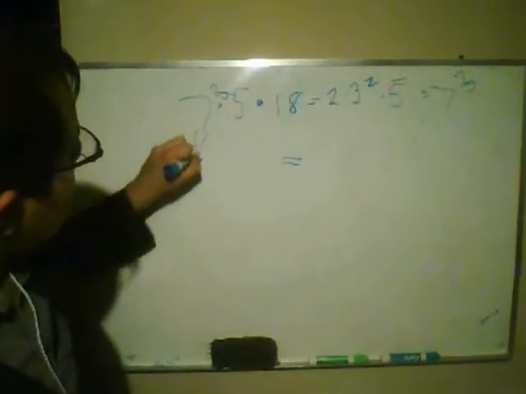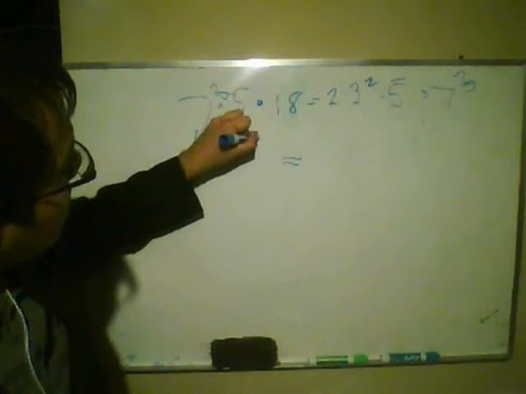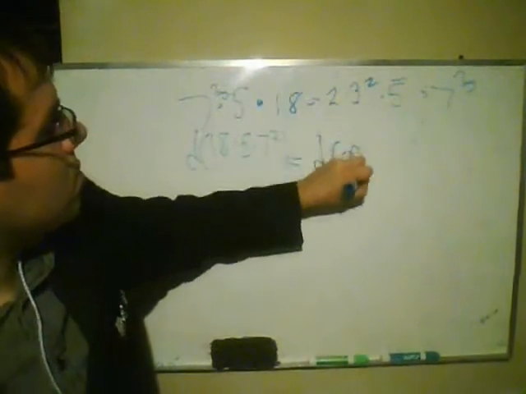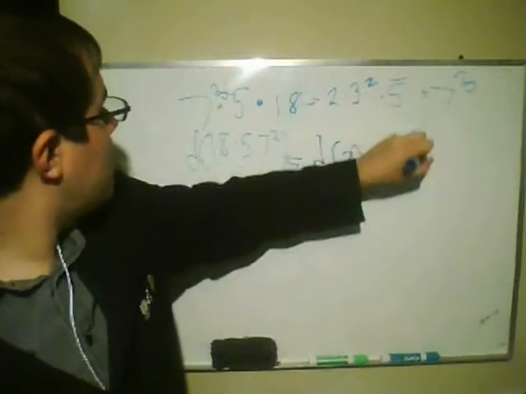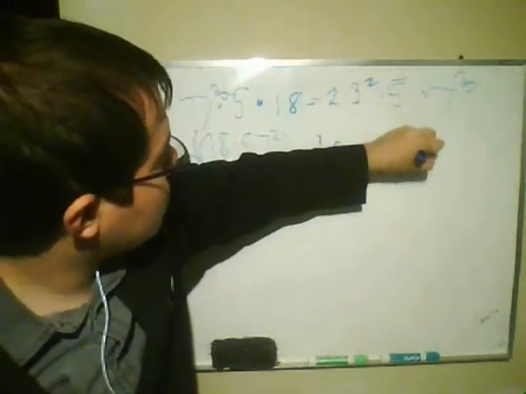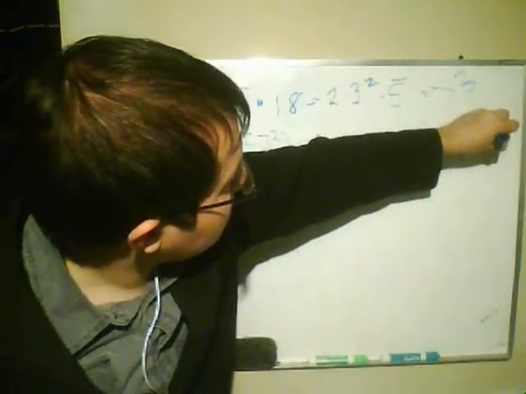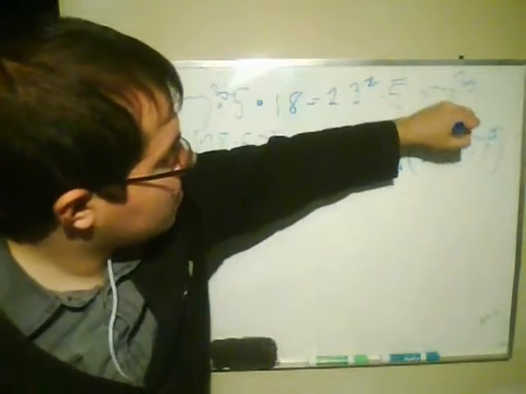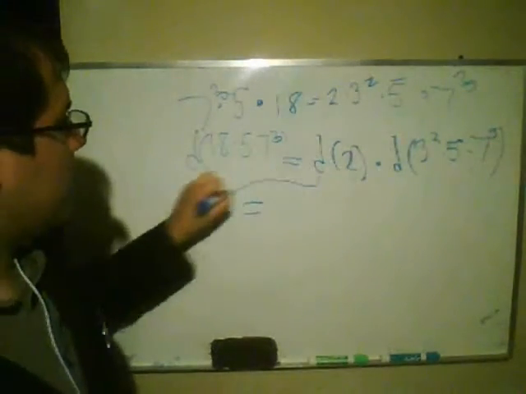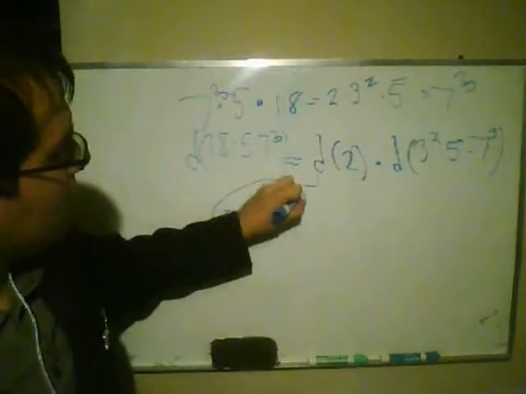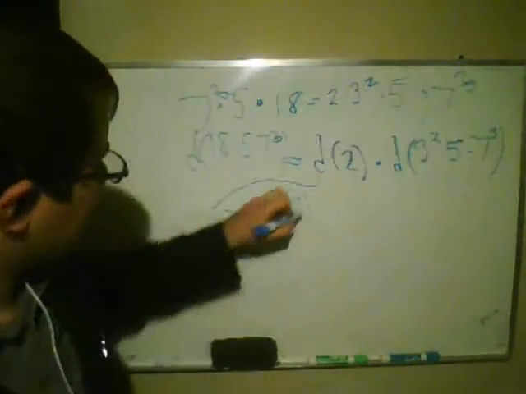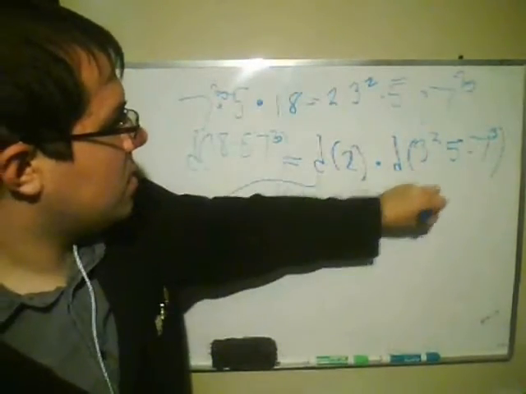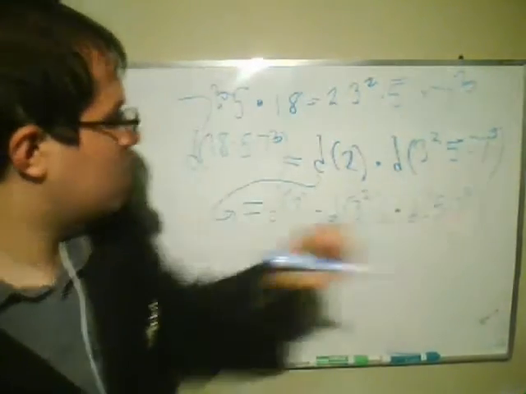Now, d of 18 times 5 times 7 cubed is d of 2 times d of 3 squared times d of 5 times 7 cubed.